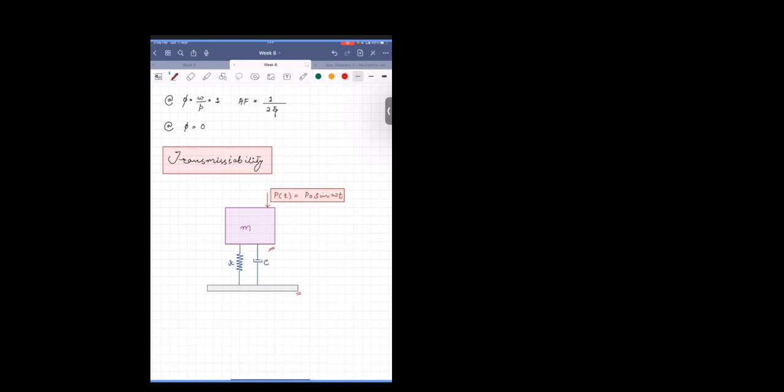Okay. So x of t, since it's a single degree of freedom system, has motion like this.